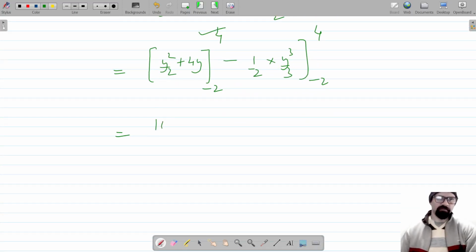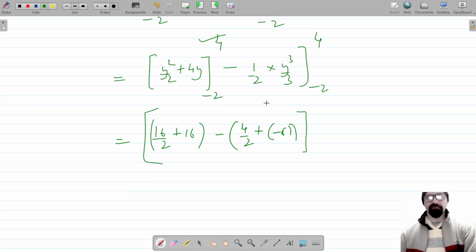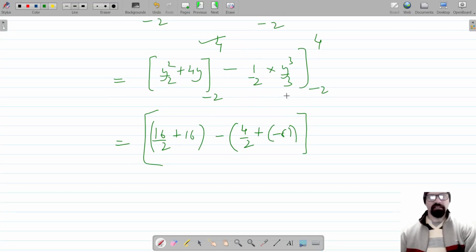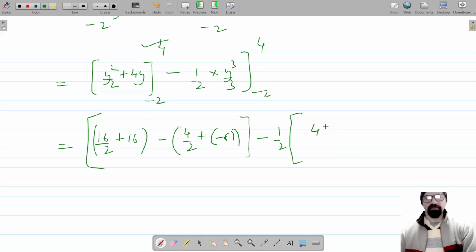So 4 squared is 16 by 2 plus 4 into 4, which is 16, minus 2 squared is 4 by 2 plus 4 into negative 2, which is negative 8.